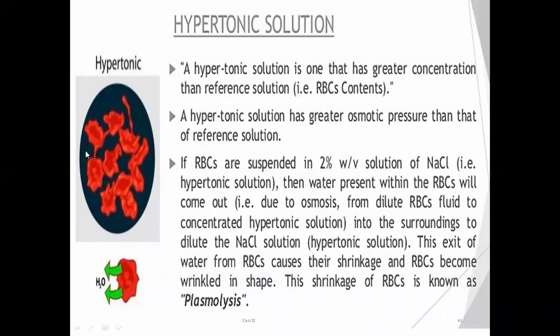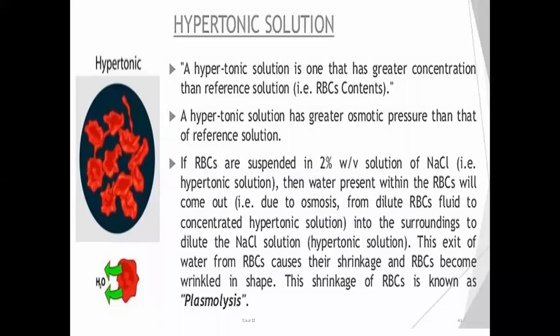That's why these RBCs will be wrinkled, because the extracellular fluid has a concentration of 2% w/v solution. So the water in the RBC will come out to dissolve the solute in the extracellular fluid. As water comes out, these RBCs will shrink, and this shrinkage of RBCs is known as plasmolysis.